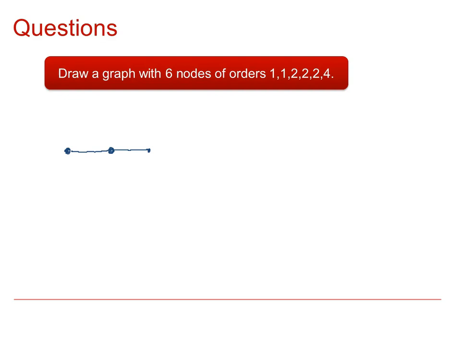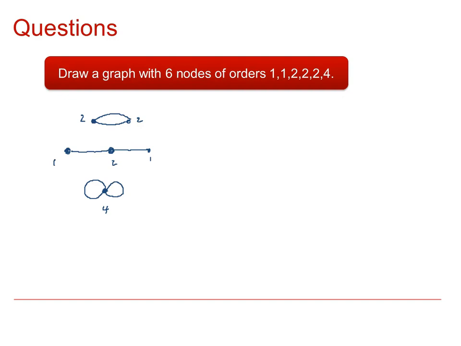Well, there's nothing to say that this graph needs to be connected, so there's 2 more 2 nodes, and now a 4 node we can get in that fashion. So there we have 6 nodes. One of them is a 4 node here. We've then got 3 2 nodes and 2 1 nodes. So there's an example where the graph is not connected.